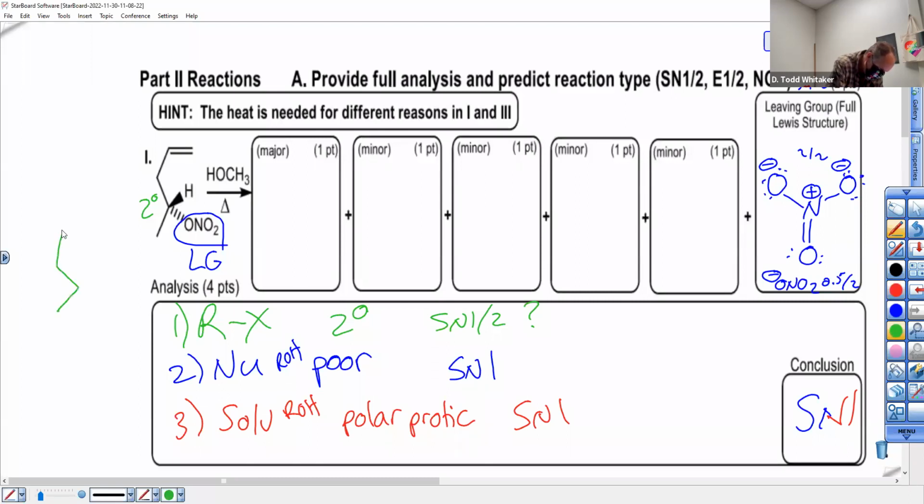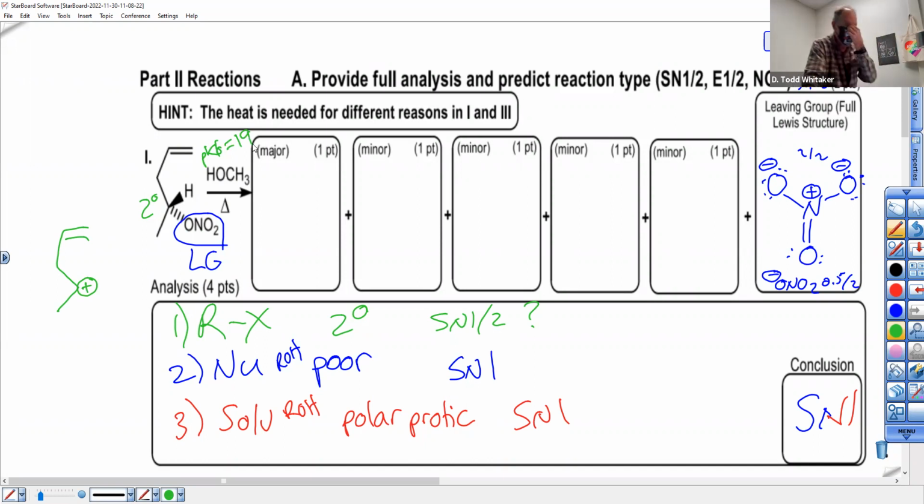I have a question. Yes, ma'am. So when I see heat, I immediately think either E1 or E2. And then I see that the nucleophile is not strong, so I rule out E2. Yeah, there's no elimination E2 for pKb equals 19. Why is pKb 19 for HOCH3?